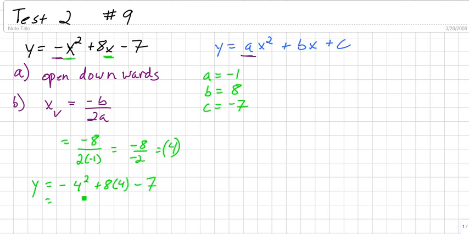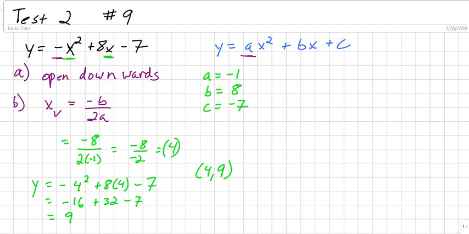This comes out to negative 16 plus 32 minus 7, which is a positive 9 when we simplify. So the ordered pair of the vertex location is 4, 9. That's how we find the vertex.